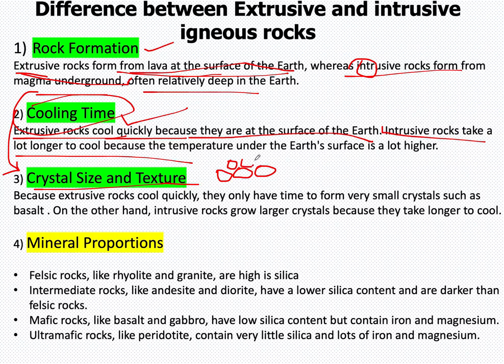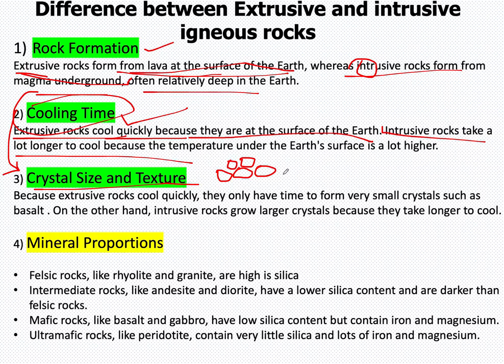My drawing is very poor, sorry for that. If these crystals have no time to compact, to solidify, or to merge into one another, then how are they going to form coarse grains?